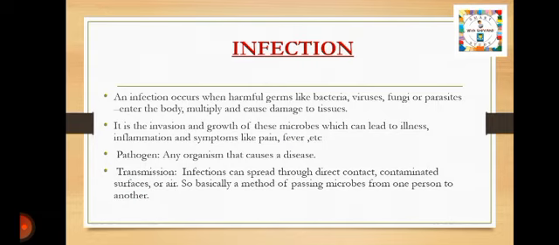It is basically the invasion and growth of these microbes which can lead to illness, inflammation, and symptoms like pain, fever, cold, cough, flu, etc. There is a new terminology, pathogen. What is a pathogen? Any organism that causes a disease.